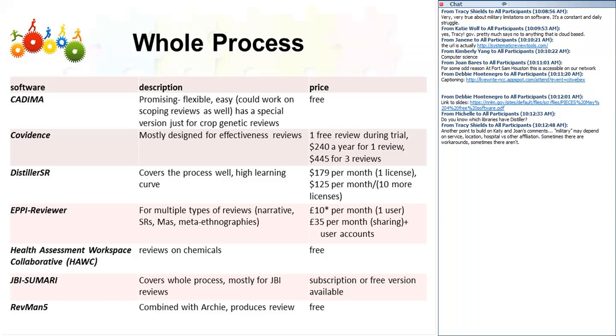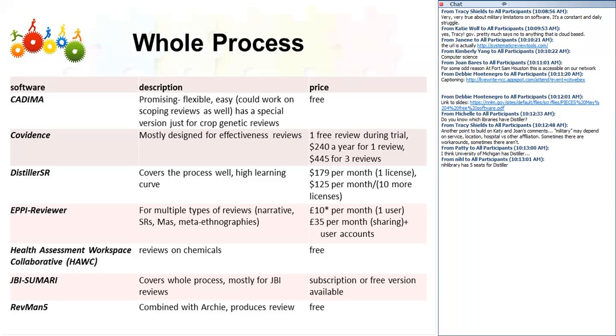Anyways, so the one I'm going to show you is Cadima. This one looks really promising. I've only been doing testing in it, so I'm going to show you some screens. It's interesting that it has one version that's for any topic, and it has a special version for a really specific type of review, reviews of crop genetic methods.